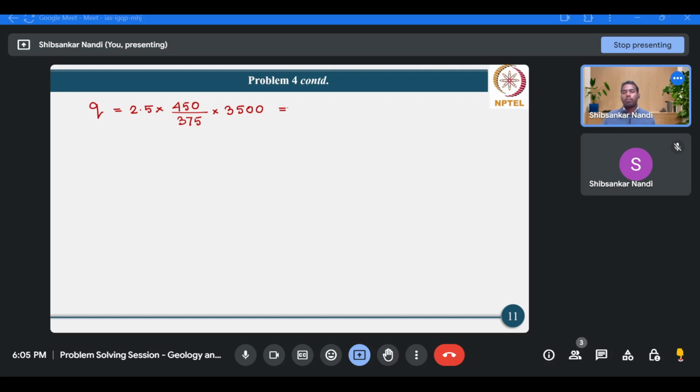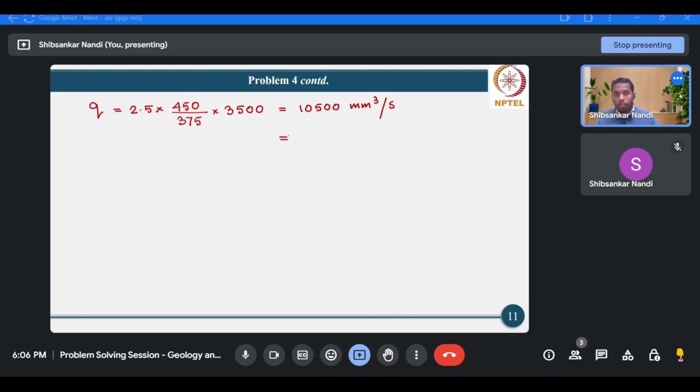So that means millimeter cube per second.